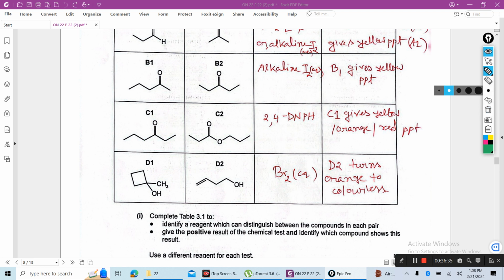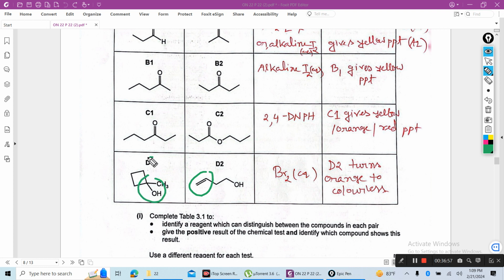Now this is an alkene, and this is an alcohol, tertiary alcohol.